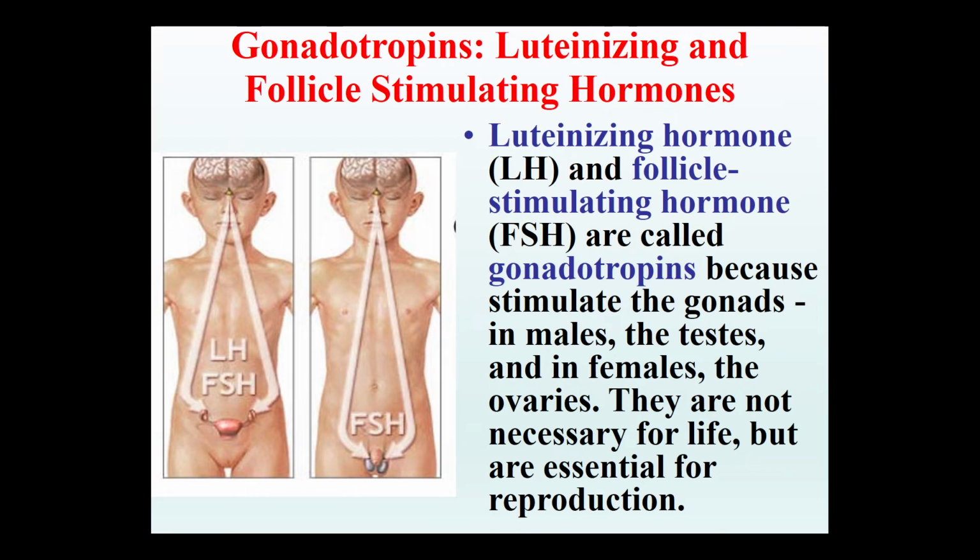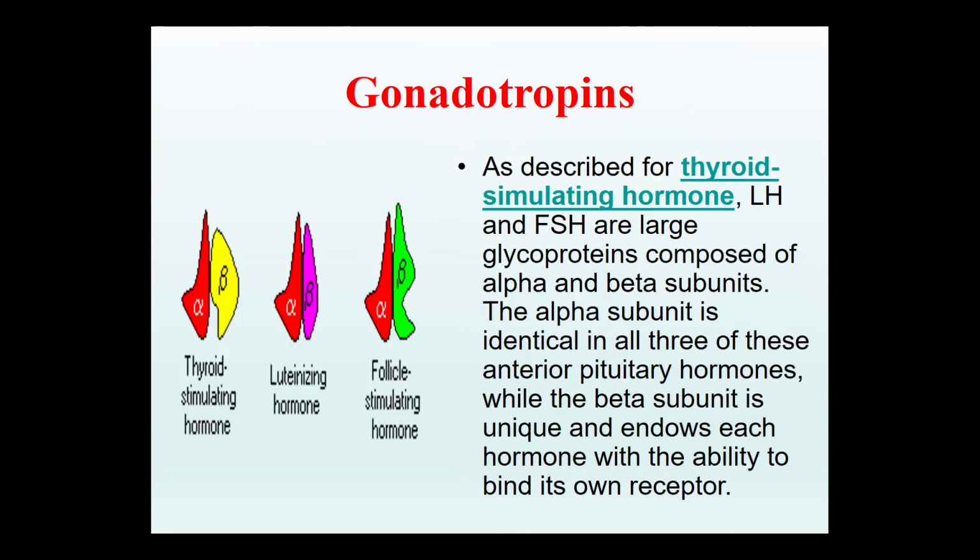LH and FSH are large glycoproteins, and we already said that they are composed of alpha and beta subunits.